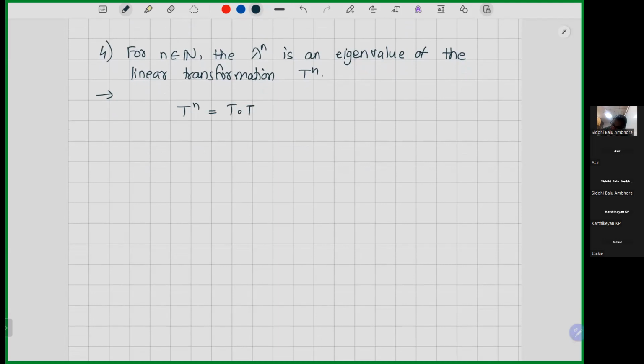T composed with itself n times. Okay, so T^n of v is T^(n-1) of Tv, and so on. Any doubts here in the definition of T power n? This is composition n times. And they're saying that lambda to the n is an eigenvalue of T power n for n in N.